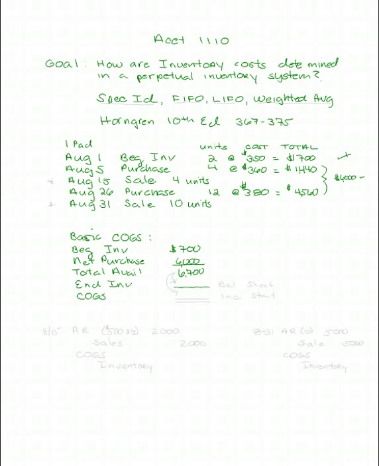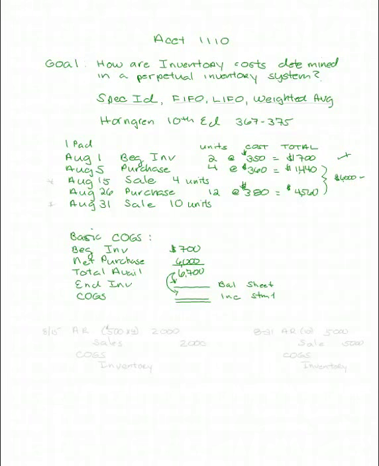Ending inventory is what's left, and it goes on the balance sheet. And cost of goods sold is how much you sold, and it becomes cost of goods sold on the income statement. Using the format that I'm showing you, you literally split the total available between ending inventory and cost of goods sold.